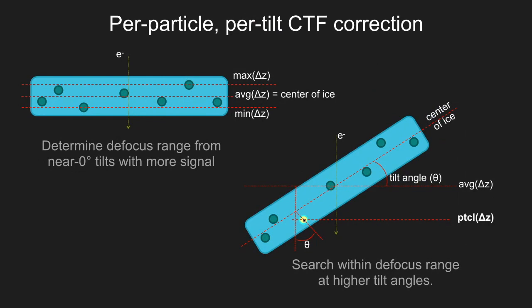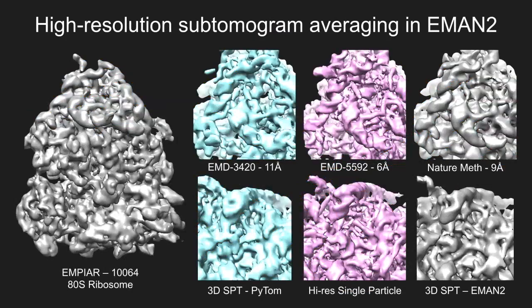The question is, how limited are you going to be if you try and do this in cells? So again, the last example was not in cells. This is an in situ example. This was a published subtomogram average of a ribosome, which came out using PyTom, I don't know, maybe 10 years ago or something like that, or 6 or 7 years ago. And he'd achieved 11 angstrom resolution there.